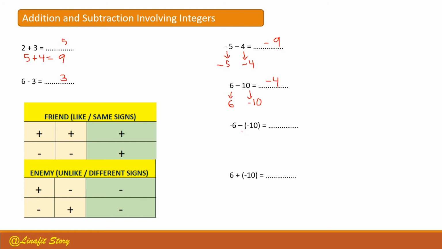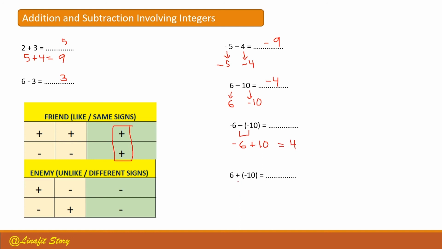How about this one? Negative 6 minus negative 10. Look, you meet your friend. Why? Because have the same sign. You meet your friend, the result is positive. So the answer here, negative 6 plus 10 equals 4.